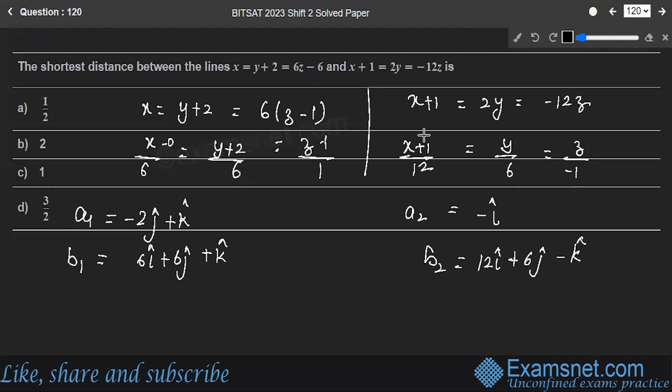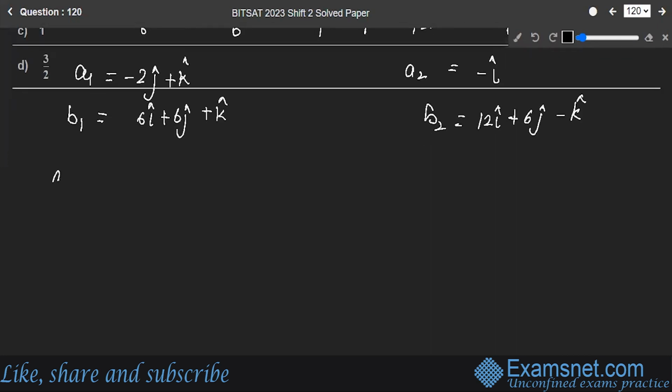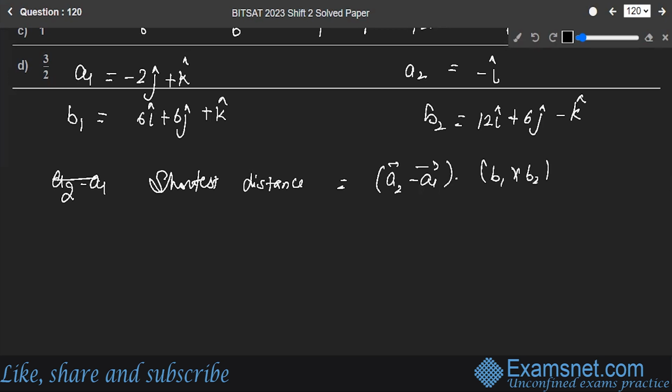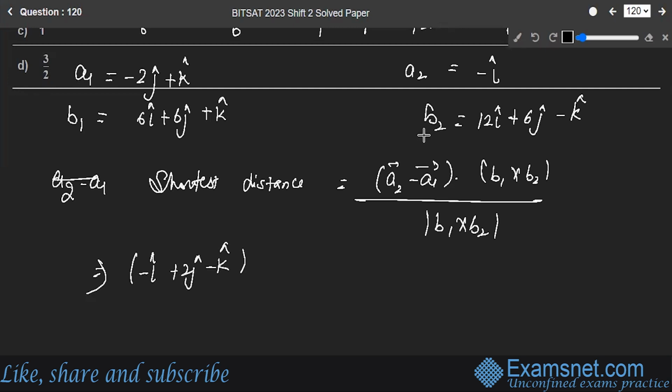Okay, so you have to find the shortest distance. First of all, a2 minus a1. I hope you know the formula. The shortest distance is given by (a2 − a1) dot product with (b1 × b2), divided by the magnitude. So a2 minus a1 gives me −i + 2j − k.